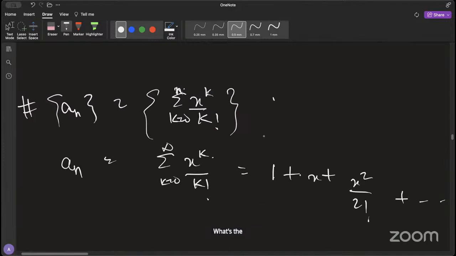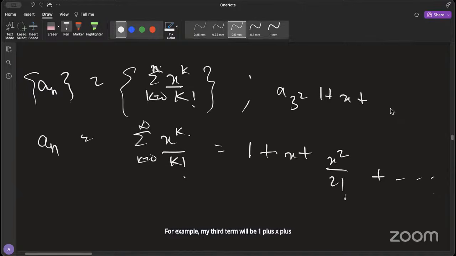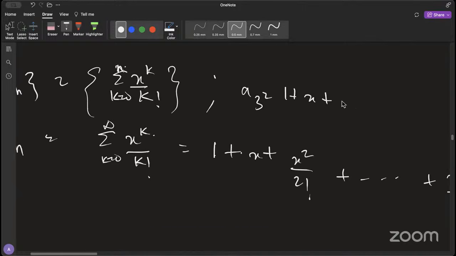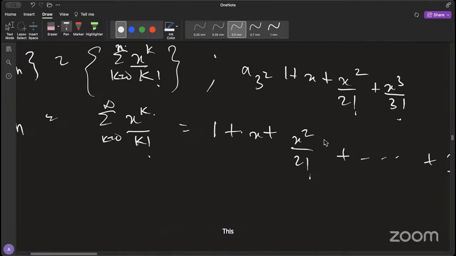For example, my third term will be 1 plus x plus x square by 2 factorial and x cube by 3 factorial. This is my third term.